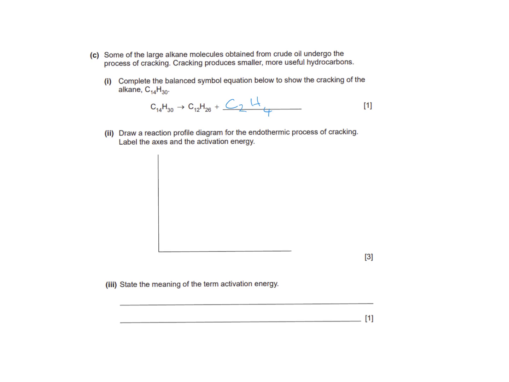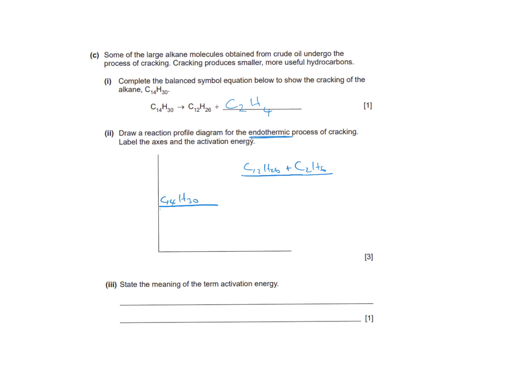On to 2, a reaction profile for endothermic. So I'm just going to underline that. This is an endothermic process for cracking. Label the axes and the activation energy. Okay, well, in an endothermic reaction, the products have higher energy than the reactants.